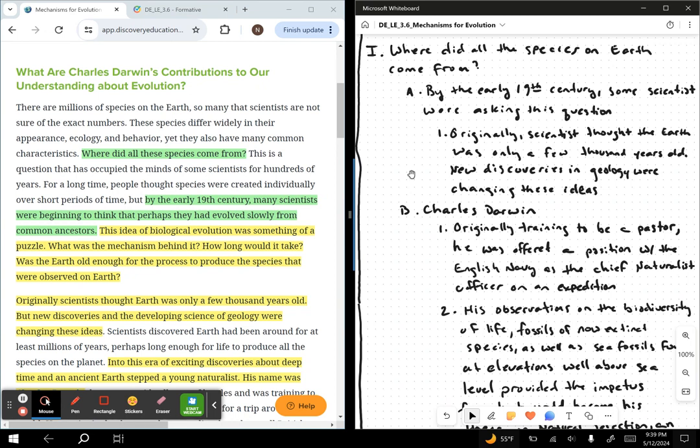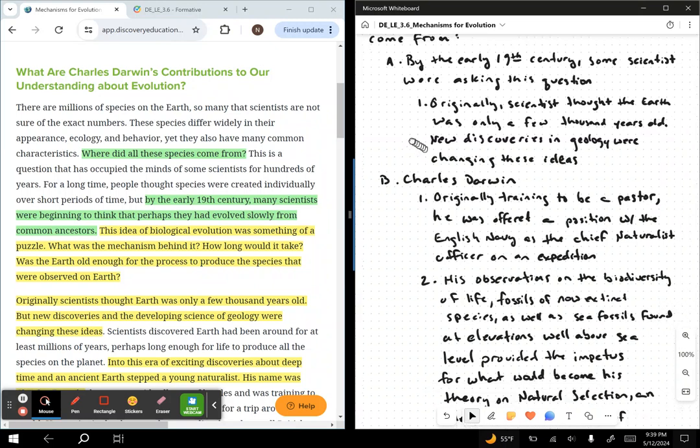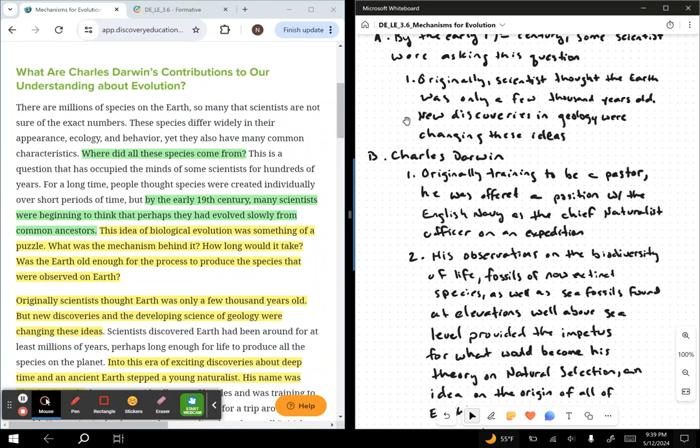So, originally, if you take a look at number 1 here, scientists thought that the Earth was only a few thousand years old. What changed that idea was discoveries in a totally different field, the field of geology.